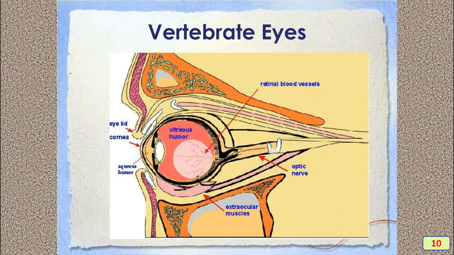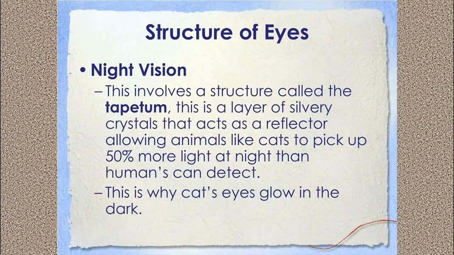And not all animals have colored vision. Some animals have just black and white vision, and they are colorblind. Night vision involves a structure called the tapetum, a layer of silvery crystals that acts as a reflector, allowing animals like cats to pick up 50% more light at night than humans can detect.